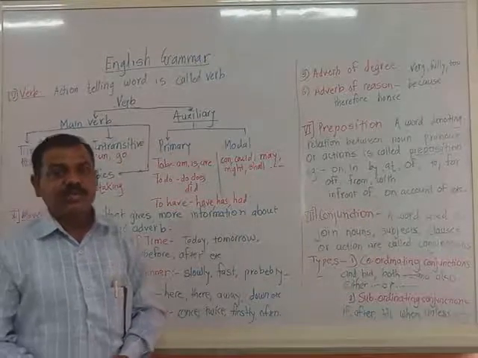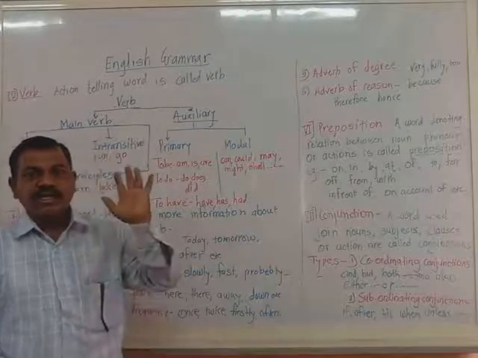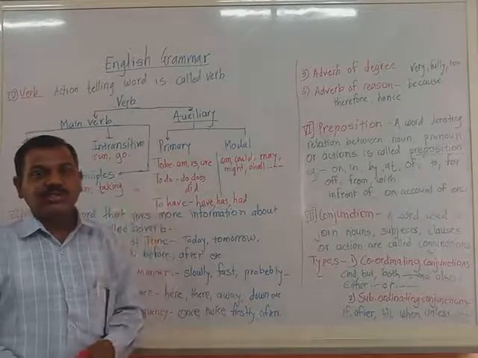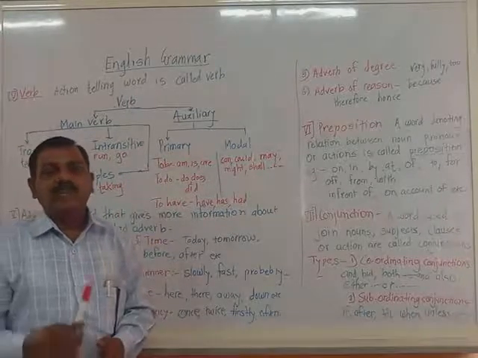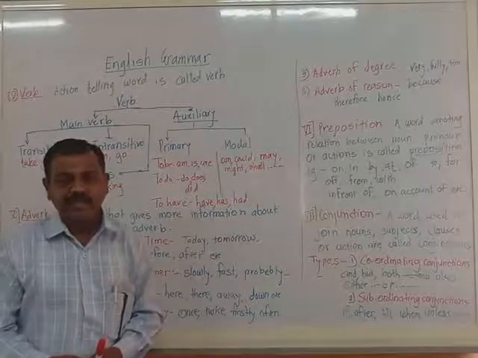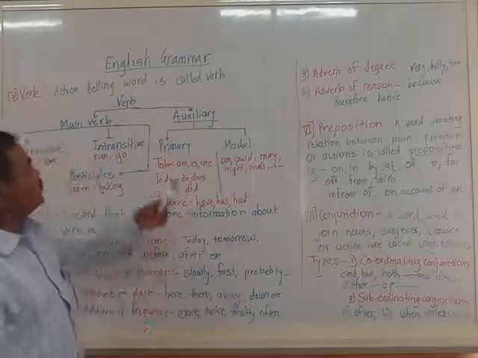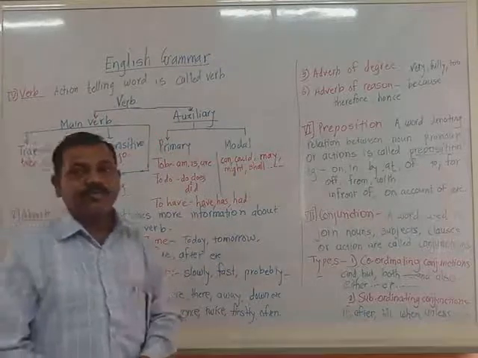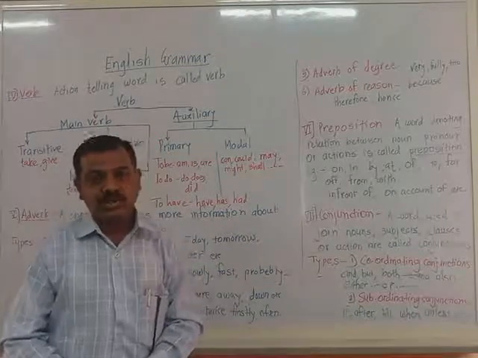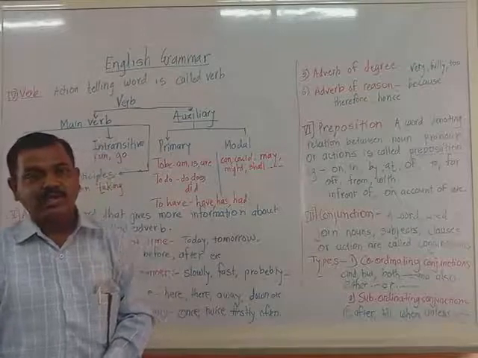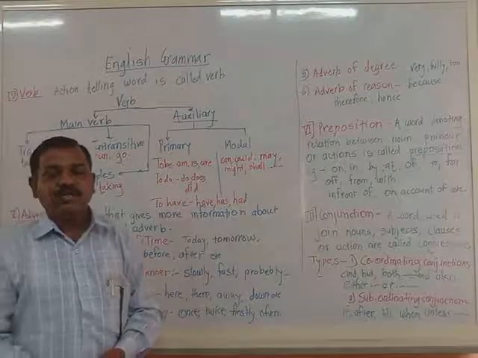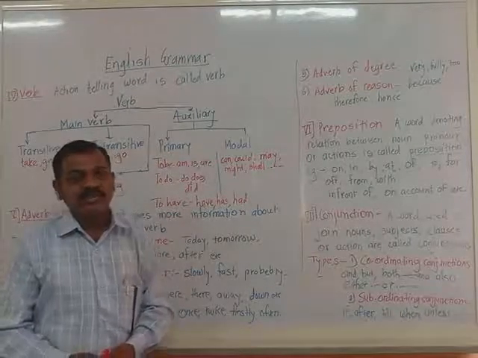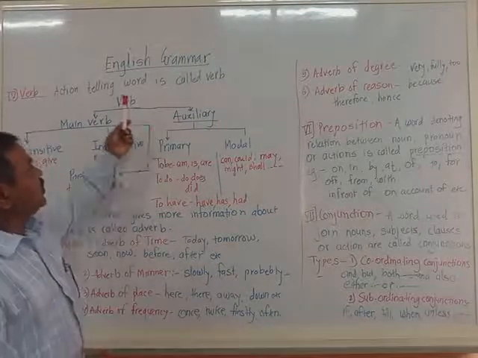Suppose I say shake hands, that is shake. I am speaking now, speak is the word. So the definition is given: an action-telling word is called a verb. The words that tell you any kind of action or movement are known as verbs. So this is the definition of the verb.